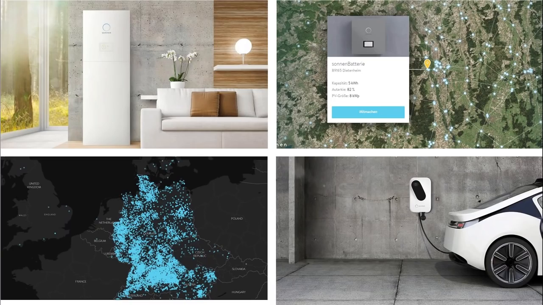So what we did then is combine those batteries into a virtual power plant to use that flexibility to provide grid services to grid operators. As an example, you can see a distribution of our batteries in Germany in the lower left-hand corner.